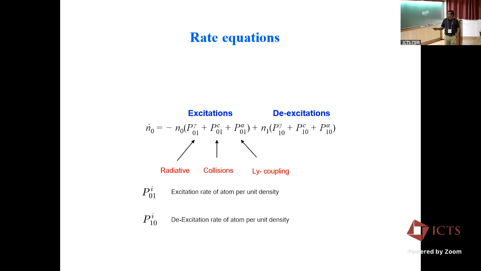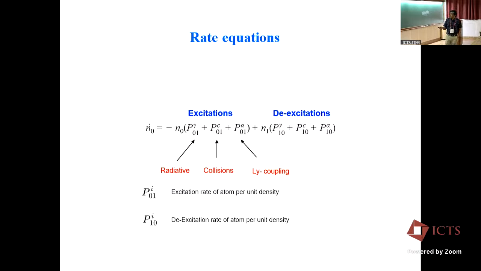Then this is the excitation rate due to the collision, and this is the excitation rate due to the Lyman alpha transition, right? And this is the de-excitation rate, and that is proportional to N1, the number density of atoms in the triplet state. So you have the excitation rate and the de-excitation rate, and if you combine these two processes together, you get this rate of change of N0, right?